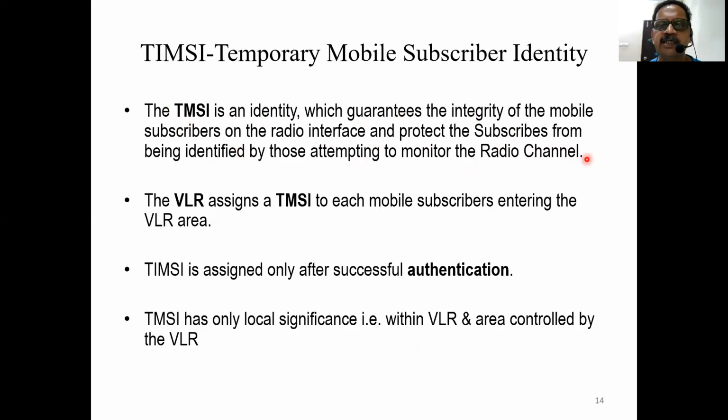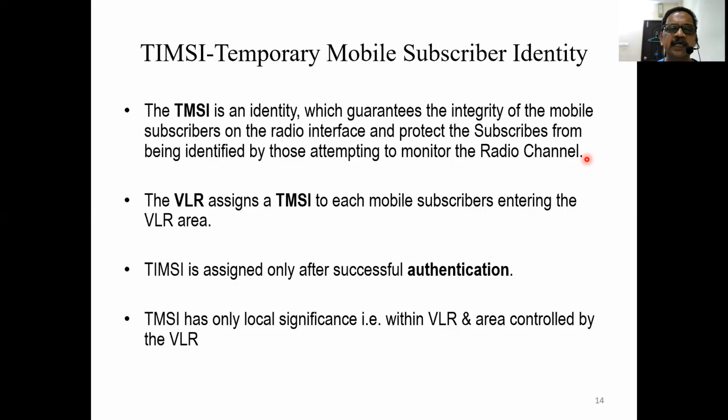Actually, once after registration for call connections and processing, the IMSI is not used. Only for the first time when you are latched to a VLR, at that time only it is registered.